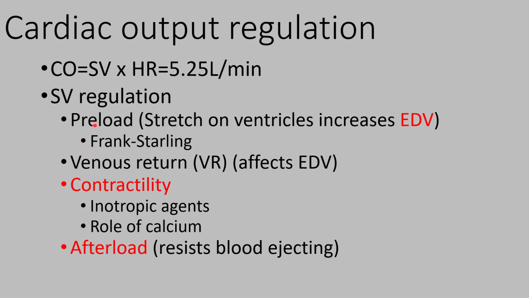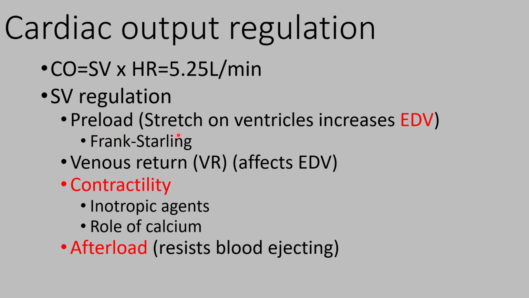Now, why is preload or stretch important? How does that impact stroke volume? Well, back in Bio 137, when we were learning about muscle tissue, one of the things we saw near the end of that chapter was if you stretch muscle just a little bit, it will contract harder.